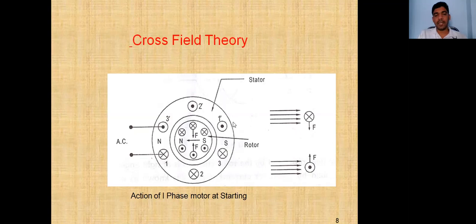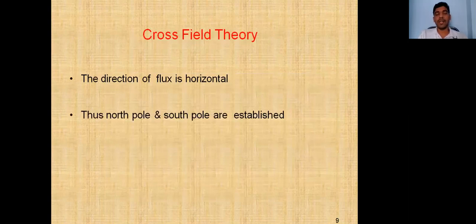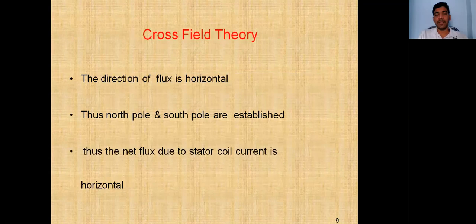Three are inwards and three are upwards. Due to the inward directional force and the upward directional force, both are equal and opposite. The direction of flux is horizontal, thus the north and south poles are established. Thus the net flux due to the stator coil current is horizontal.